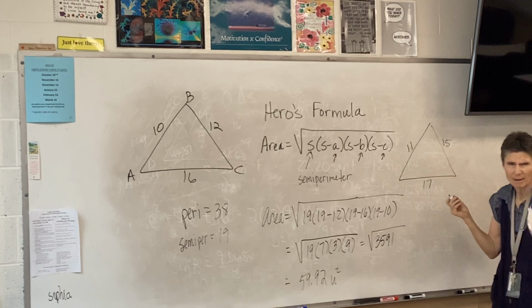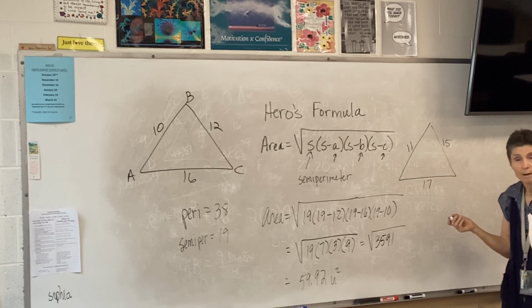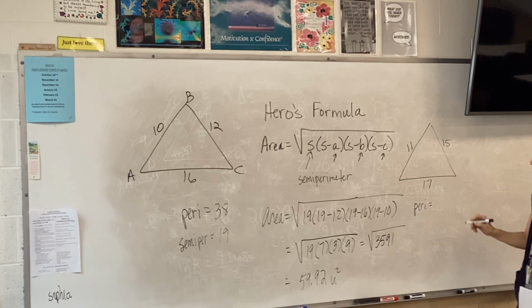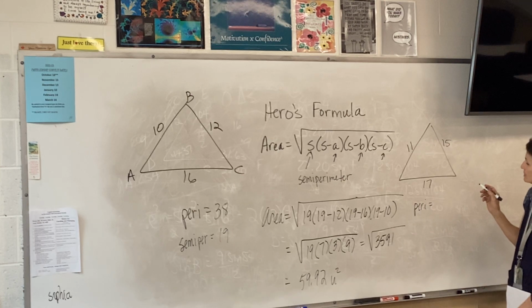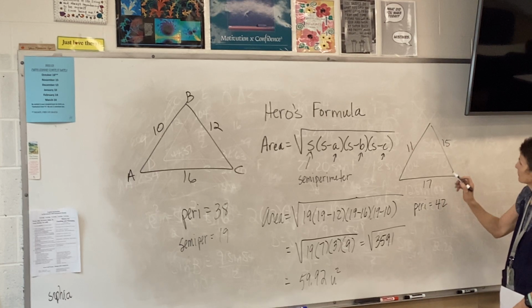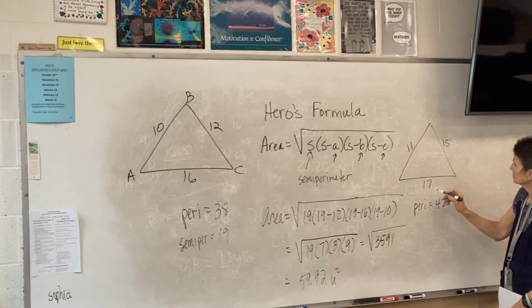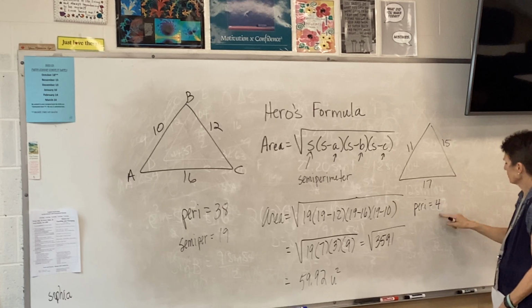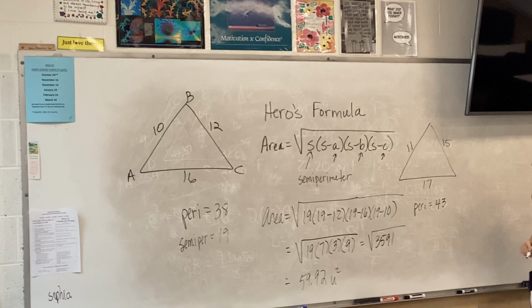I don't even really care about the letters for this problem. The perimeter is, what? Let's see, 30, 42. Check my arithmetic, does that look right? Oh no, 43. How's that? Is that better? 43? That's my perimeter.